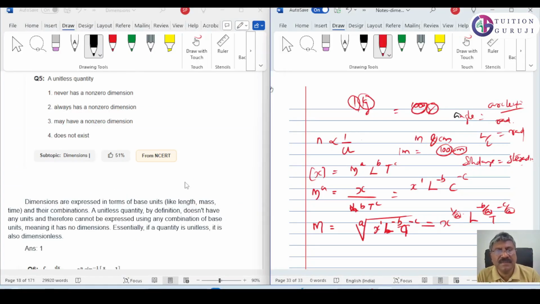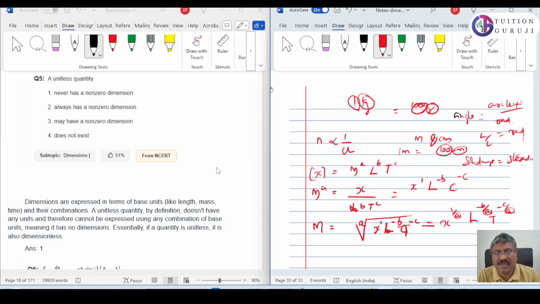A unitless quantity never has a non-zero dimension, always has a non-zero dimension, may have a non-zero dimension, or does not exist. Which is correct? What we should understand is that dimensions are normally expressed in terms of base units. We know that in the SI system there are 7 base units.